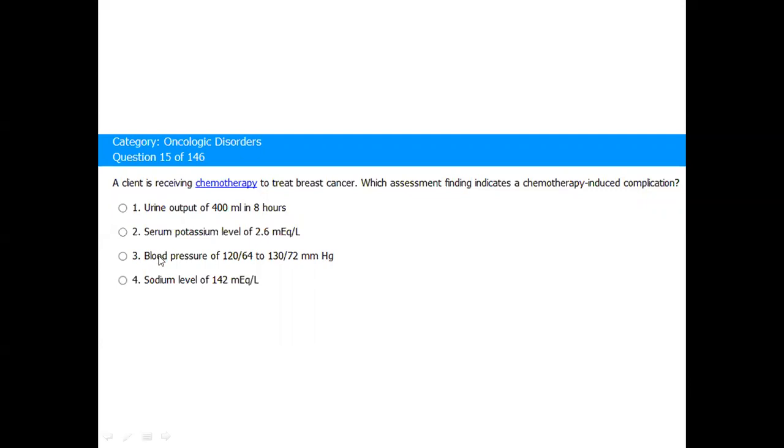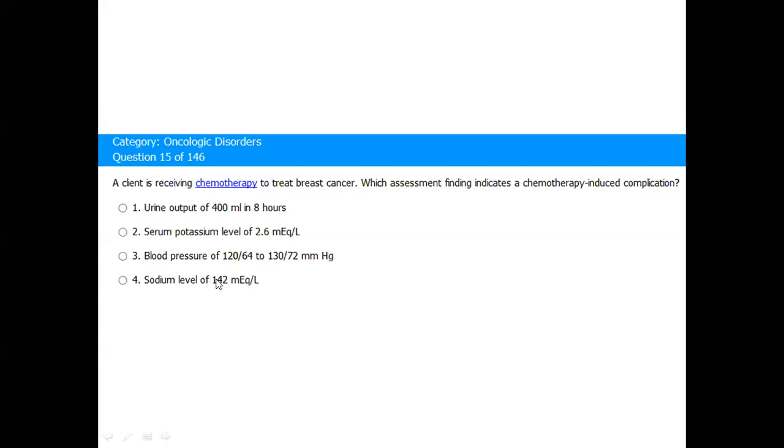Number three says blood pressure was 120/60, but after chemotherapy it is 130/72 millimeters of mercury. And 130/72, nothing abnormal. And number four, sodium level 142 milliequivalents per liter.